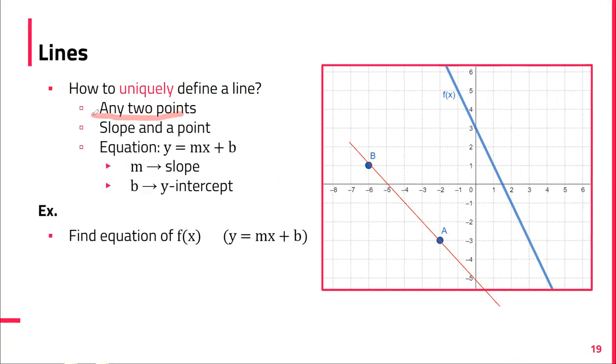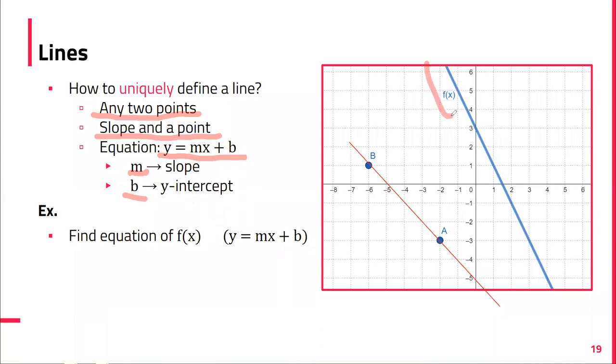So any 2 points will uniquely identify a line, or a slope and any point will also uniquely identify a line. Slope and point is what we use for the standard equation of a line, y equals mx plus b, where m is slope and b is the y-intercept. Remember, intercept is just a point.